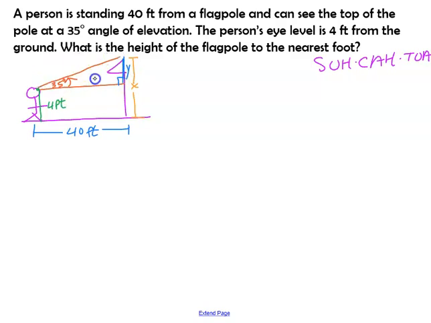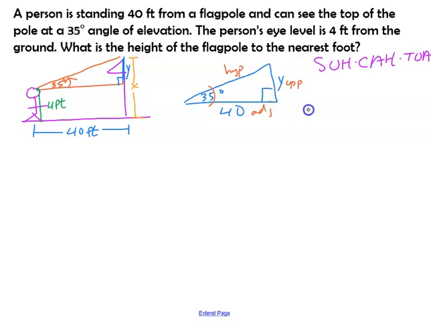So in this triangle, let me bring it out and kind of isolate that piece. Here's our 35-degree angle. This distance is going to be 40 because that's how far away the person is from the flagpole. Here's our right angle, and this height right here is Y. So when we've isolated the triangle, here's the angle, here is our opposite side, this is our hypotenuse, and so 40 is our adjacent side.